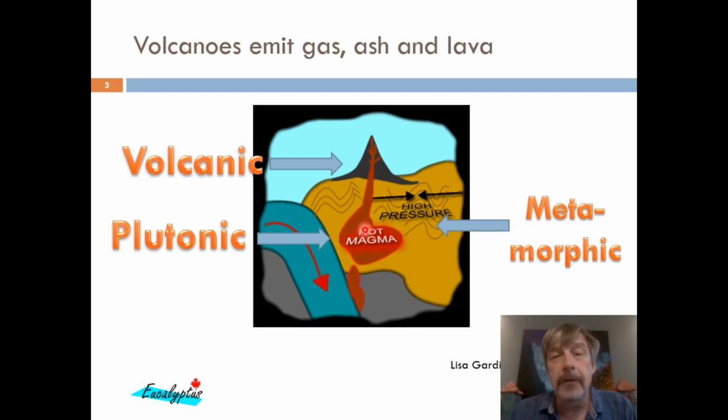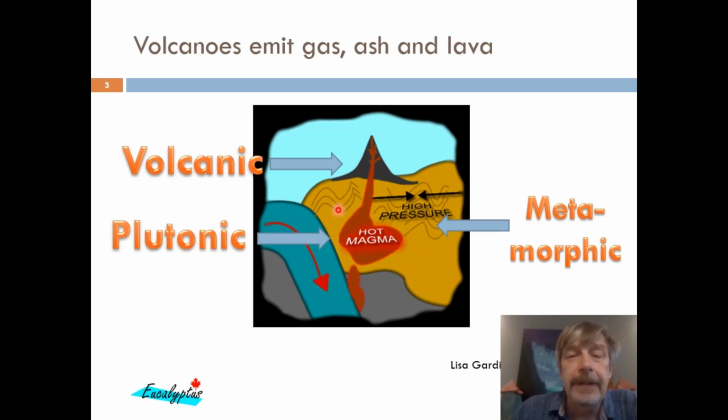And there may be even a connection through a pipe or a vein to the surface, and then the magma breaks through and creates on the surface magma flows, which we call lava, and volcanic ashes, plumes that go into the air and create volcanic rocks here at the surface.